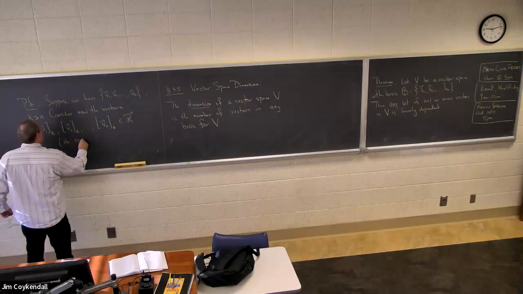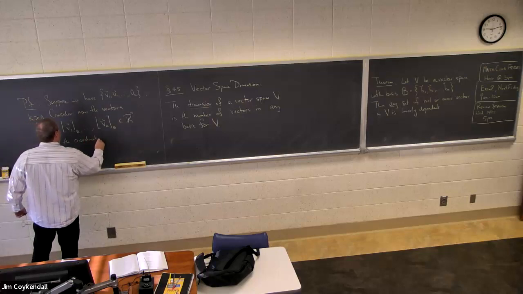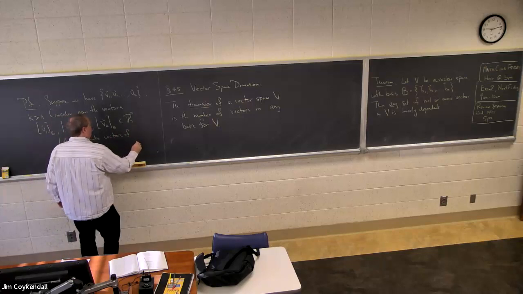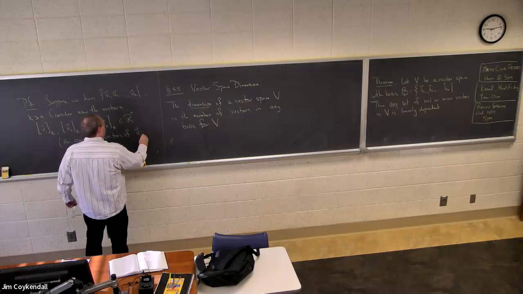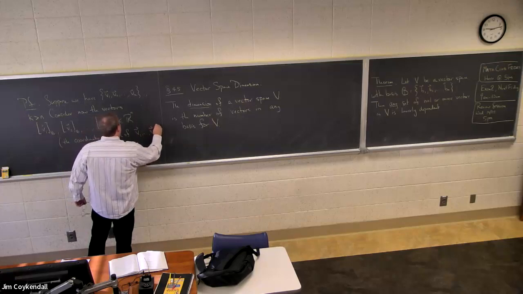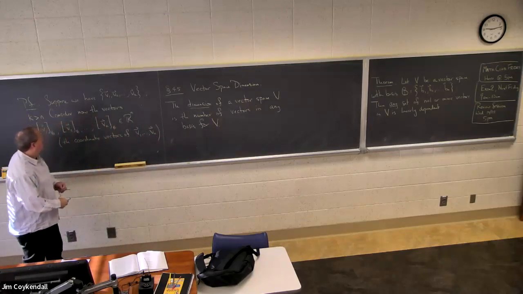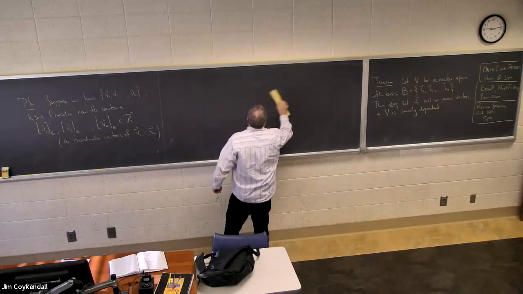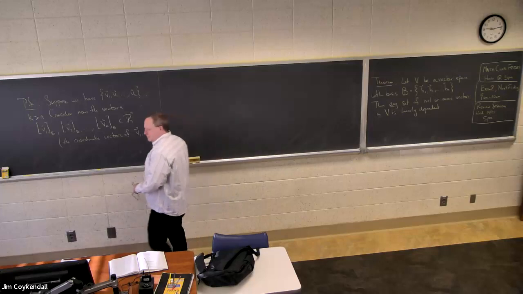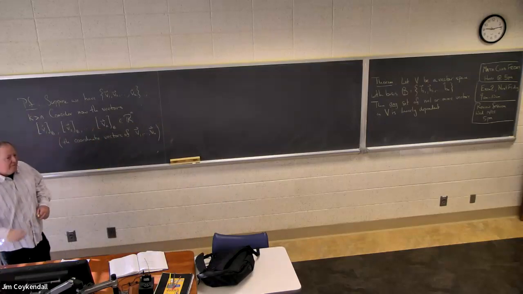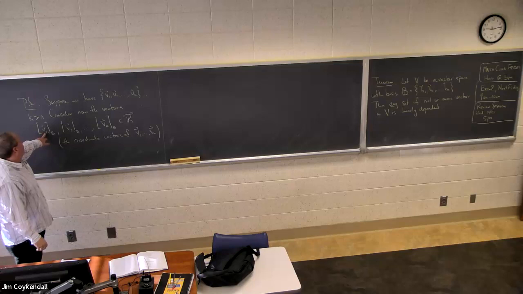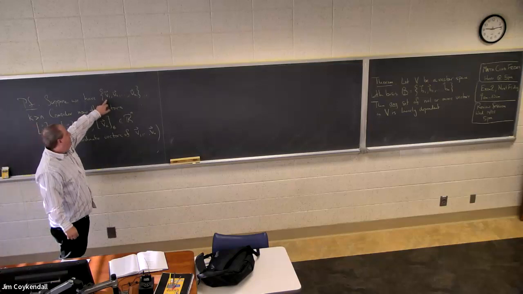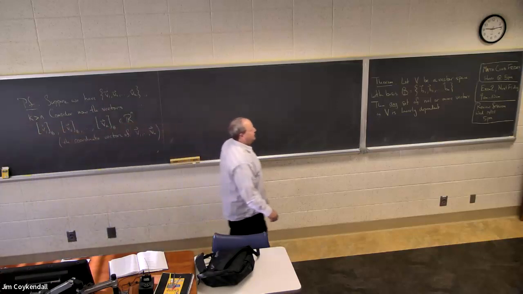And these are the coordinate vectors of V1. Y'all remember the coordinate vectors, because basically what do we have here? What happens to V1, V1 in this vector space?